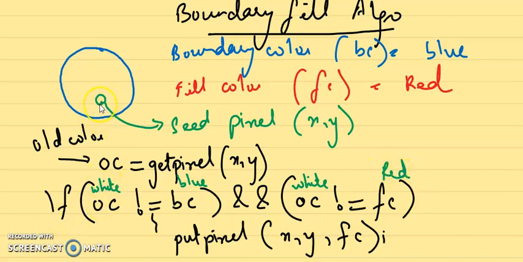Now the color that is returned at x, y is not equal to blue and not equal to red. Then what is my algorithm going to do? In that case, my algorithm is going to put a pixel at x, y with the fill color, that is red. So now this pixel turns red.